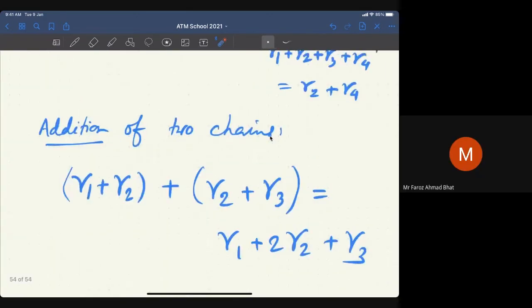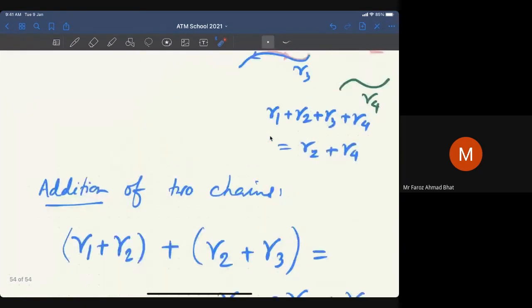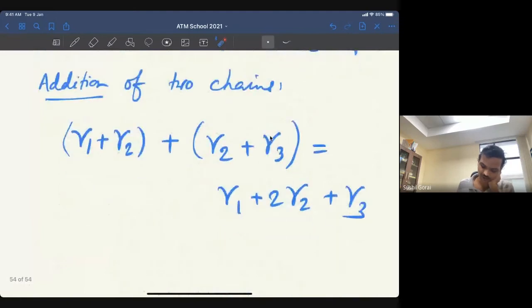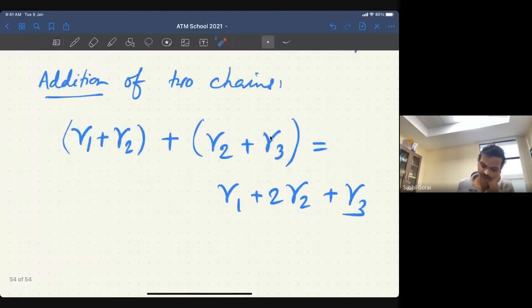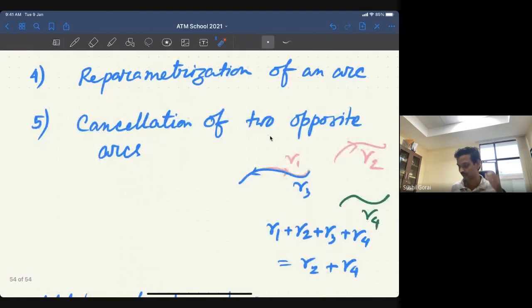Sir, is it a kind of convention or do we have proofs of all these? Oh no, these are conventions. It comes from the definition as well, but I'm not going to give any proof here. Once you define what a chain is, you can show that this does not change the chain.